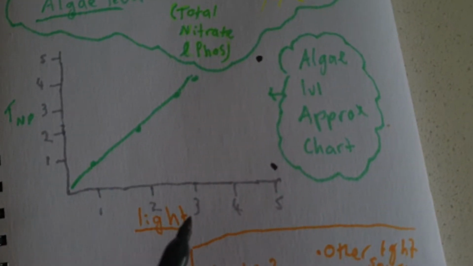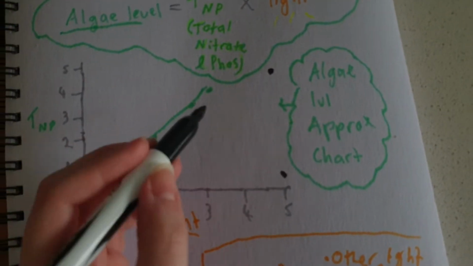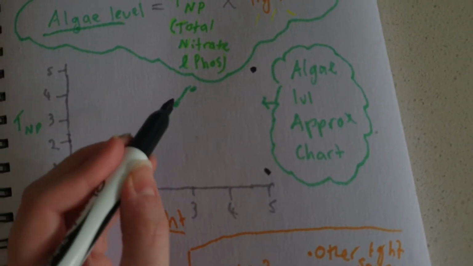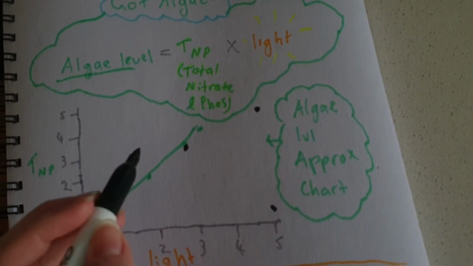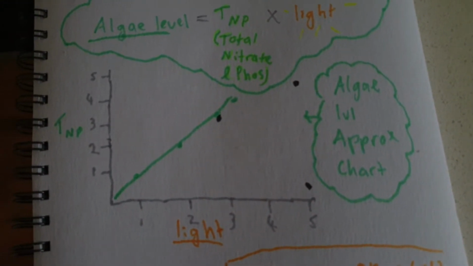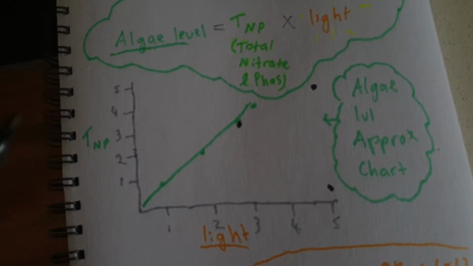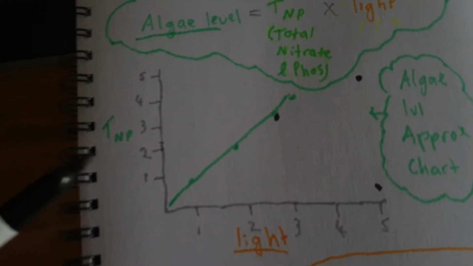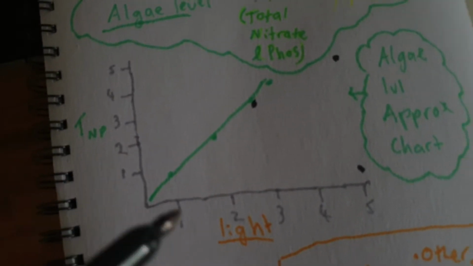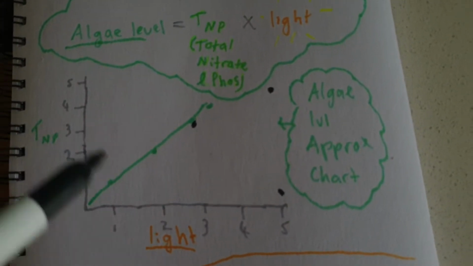If we've got medium of each, so 3, 3, it's going to be around here. So there's a strong positive correlation between the nutrient levels and the light levels in algae.